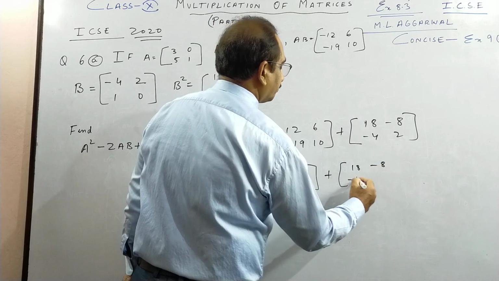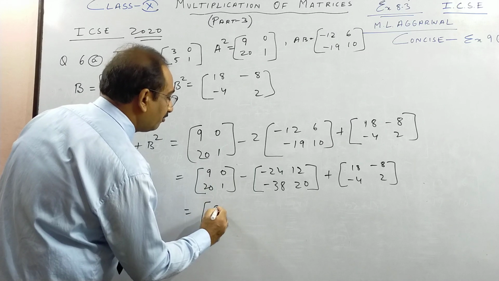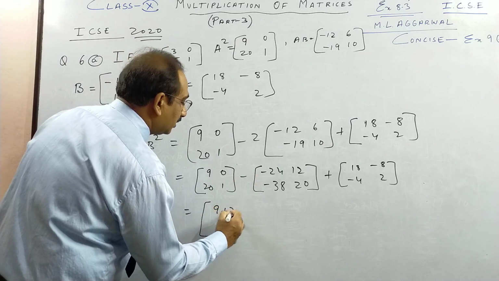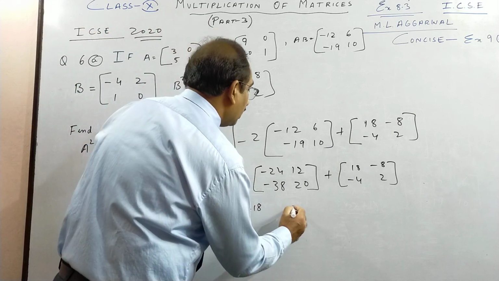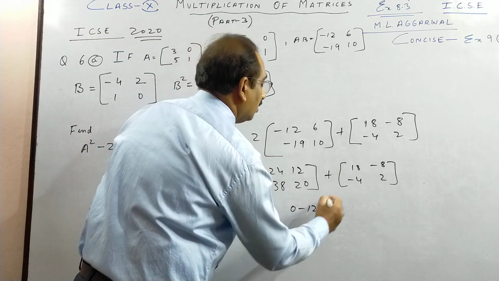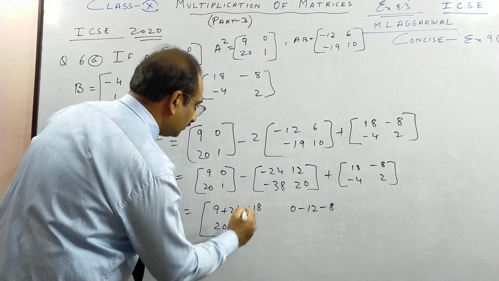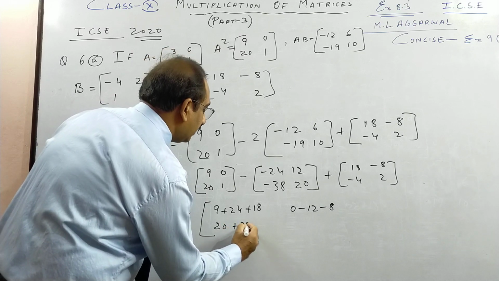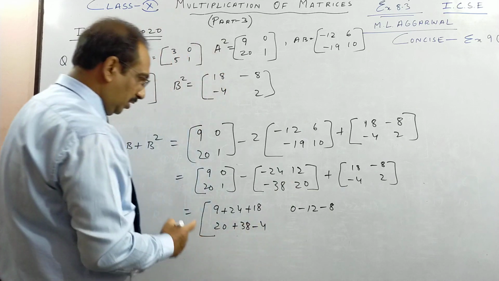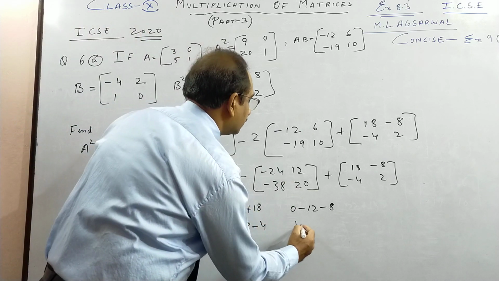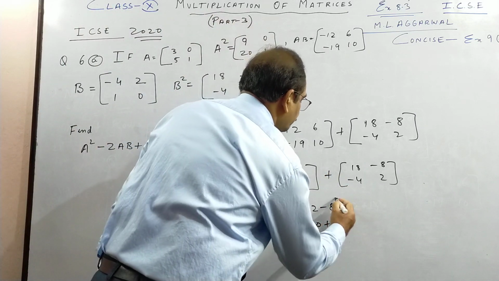So for the final, we have 9 minus minus plus 24 plus 18. Here we have 0 minus 12 minus 8, 20 plus 38 minus minus plus minus 4, and here we have 1 minus 20 plus 2.